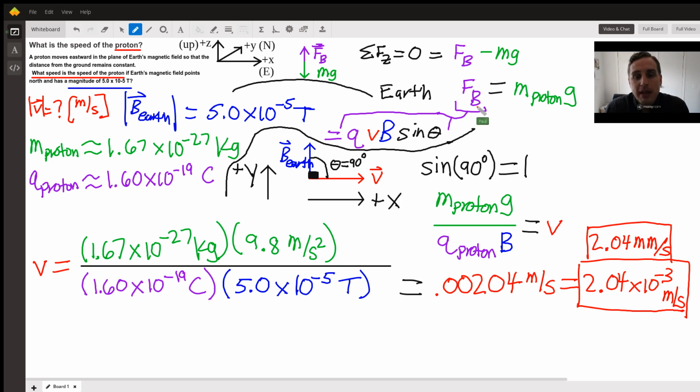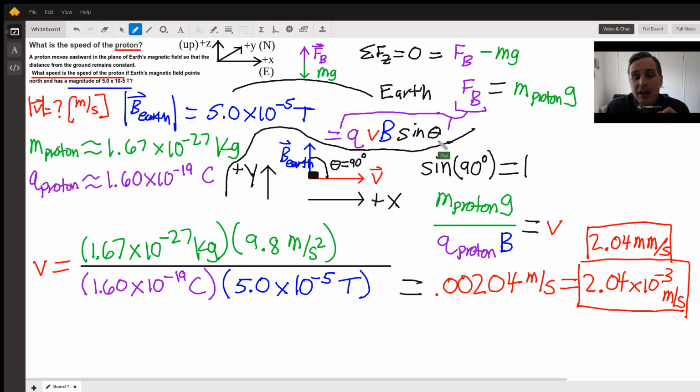What is Fb? Well, that's the magnetic force on a charged particle in a magnetic field, which is qvB sine theta. q is the charge on the proton, that's the fundamental charge. v is what we're trying to solve for, the speed. B is the Earth's magnetic field magnitude.